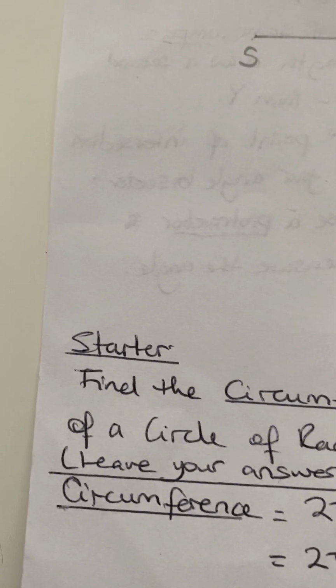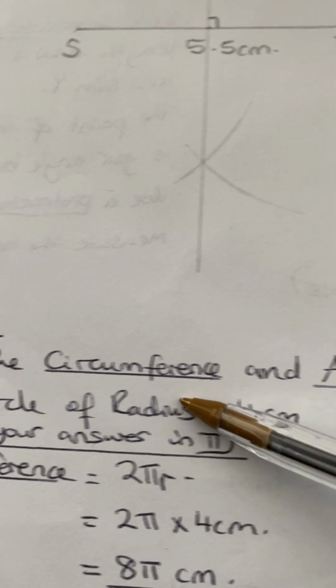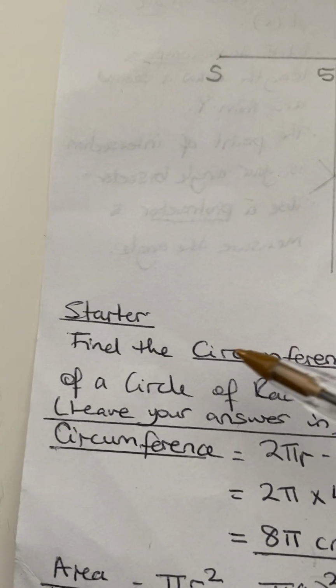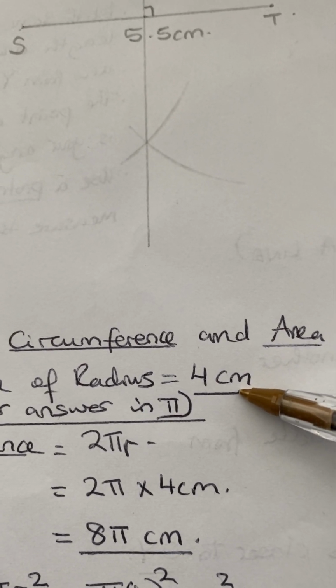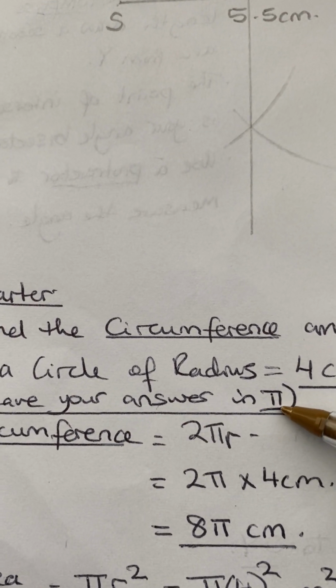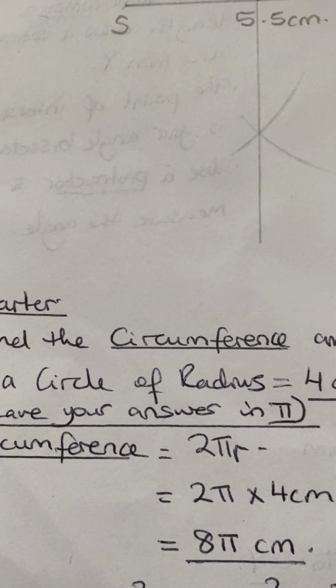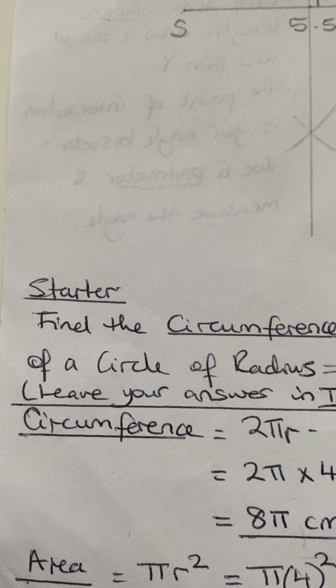Now today I'll start. Find the circumference and area of a circle of radius 4 centimeters. Leave your answer in pi. This is like a question that can come in the non-calculator paper.